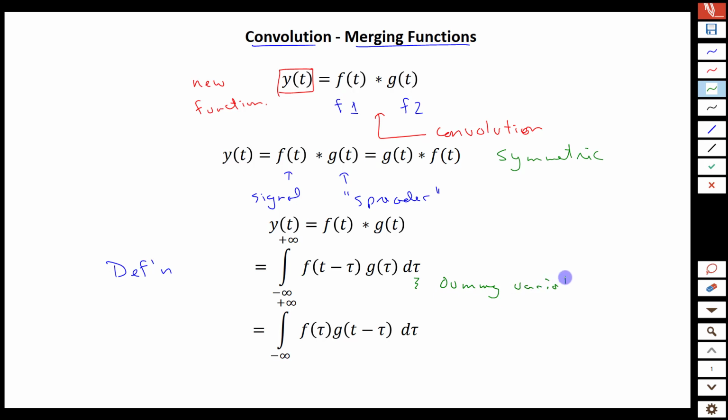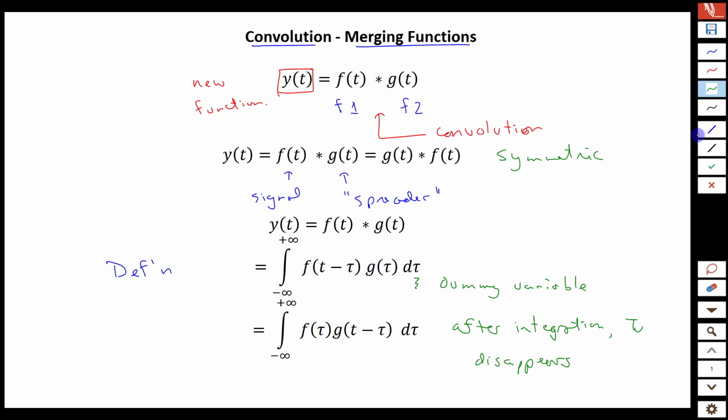The reason it's called a dummy variable is because when we integrate from minus infinity to infinity for tau, the tau gets subbed in. We sub in the positive infinity, we sub in the negative infinity, and so the tau disappears. So it doesn't play a real role in the final value.